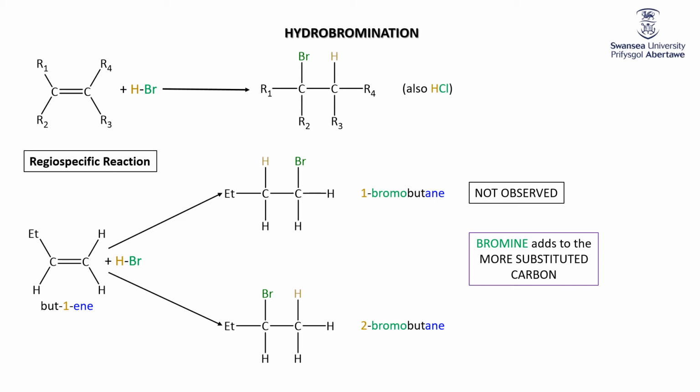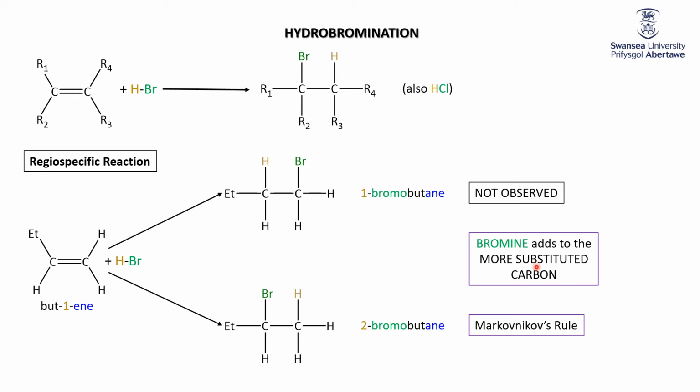They found that bromine adds to the more substituted carbon, and this is the first statement put together by a Russian chap, Markovnikov, thus known as Markovnikov's rule. In this case, the bromine adds to the carbon that's got the ethyl group on it, rather than to the carbon that only has 2 hydrogens on it. That's what more substituted means: the more stuff you have around it that's not hydrogens.